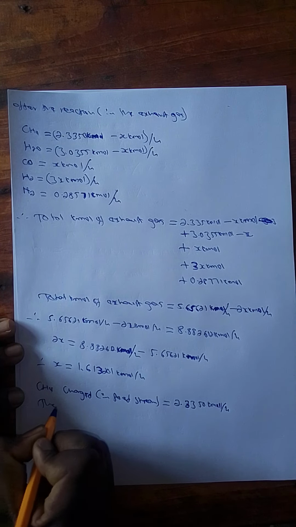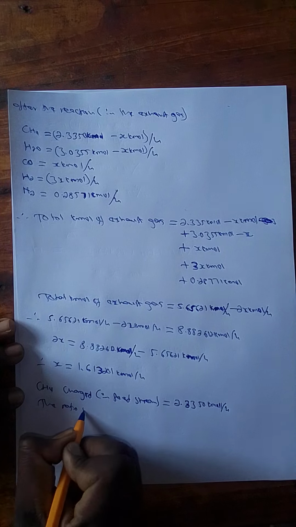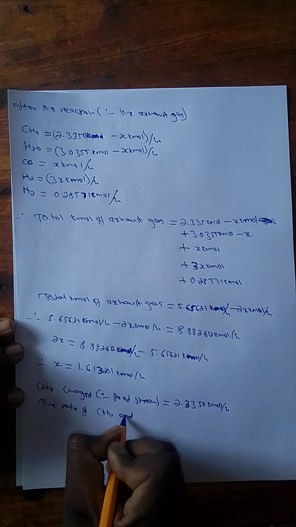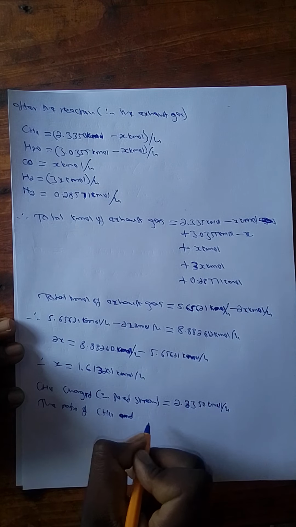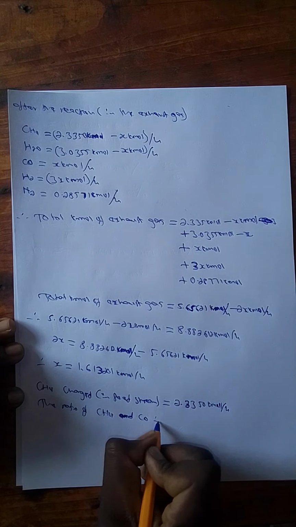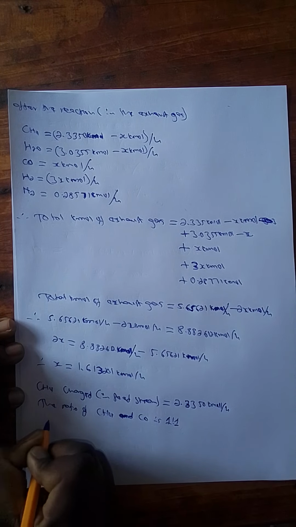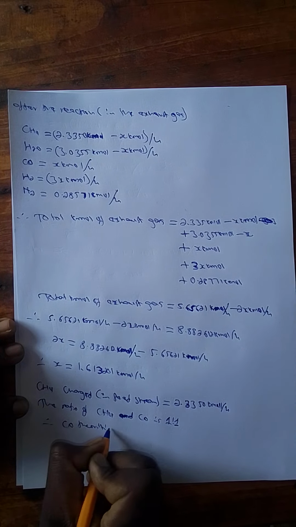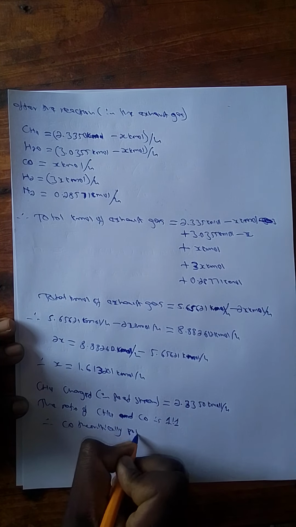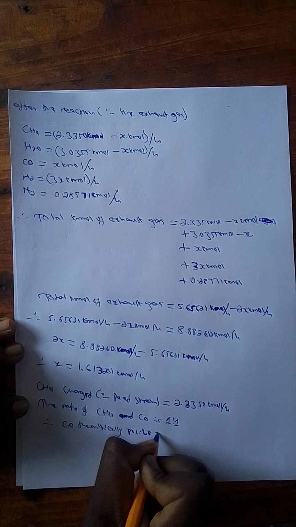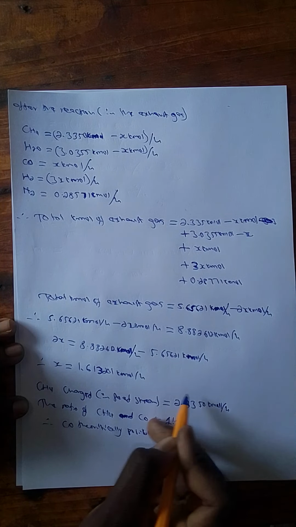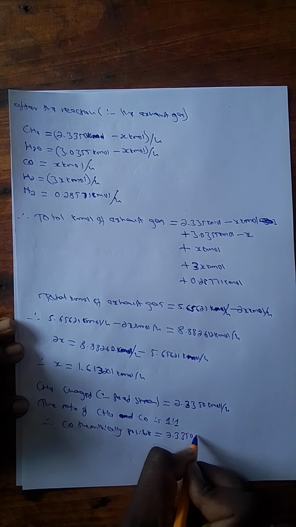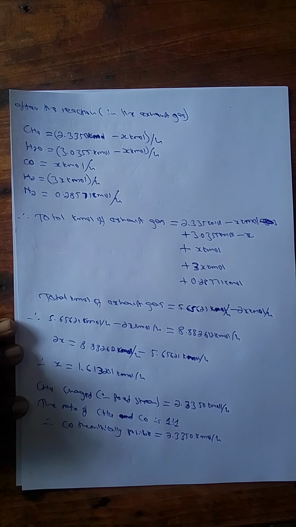And we know that the ratio of CH4 and CO is 1:1. Therefore, CO theoretically possible is equals to 2.3350 kilomole per hour, right?